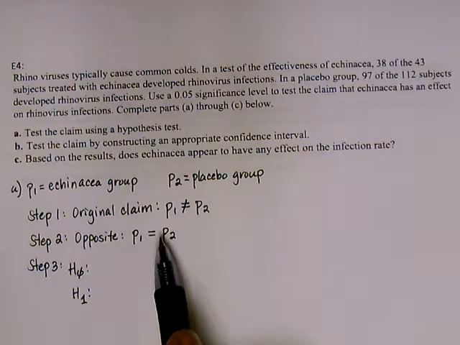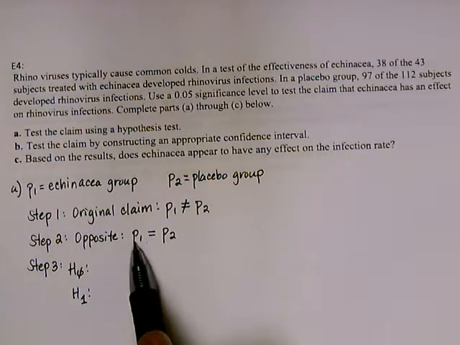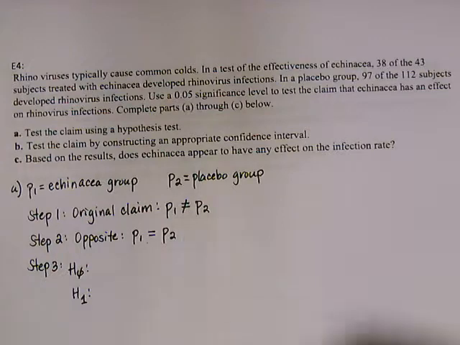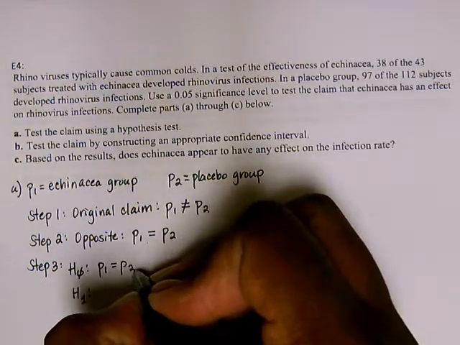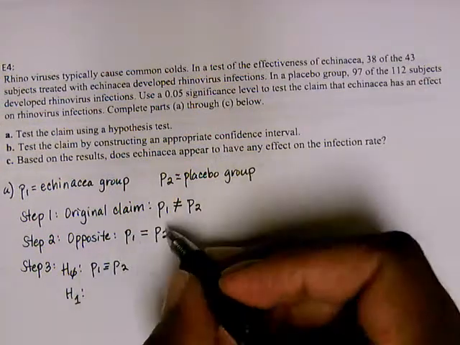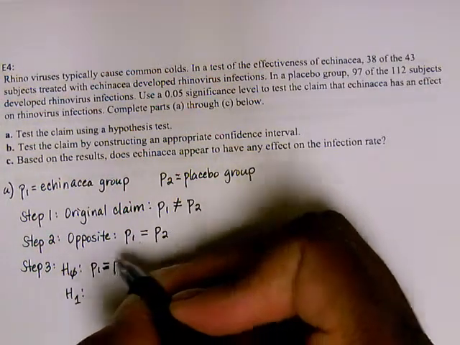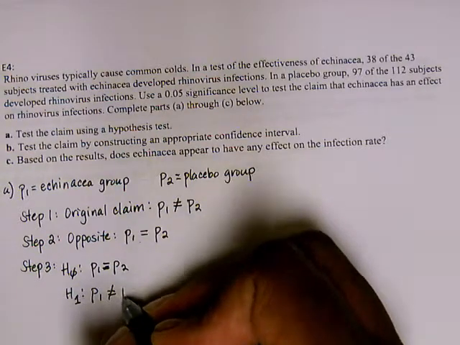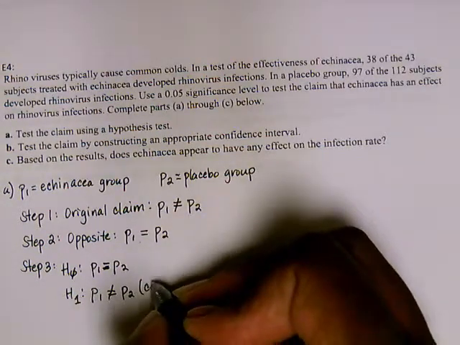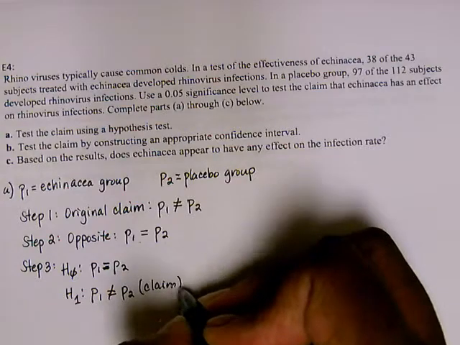The null has the equal sign, and that's P1 equals P2. Your alternative has the not equal to in it, P1 is not equal to P2. And by the way, that's your original claim, so I'll write the word claim here.